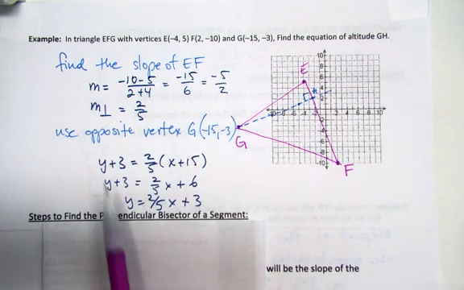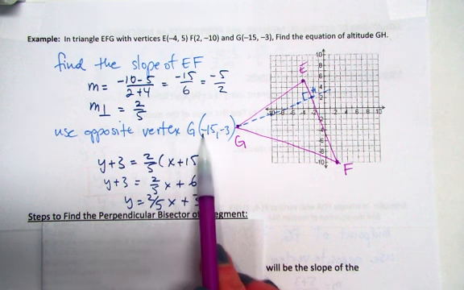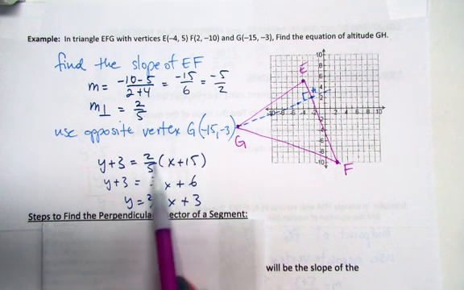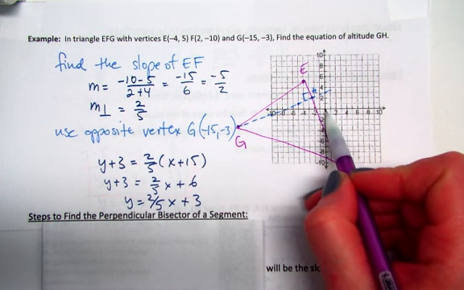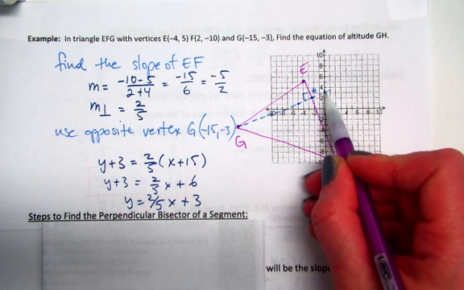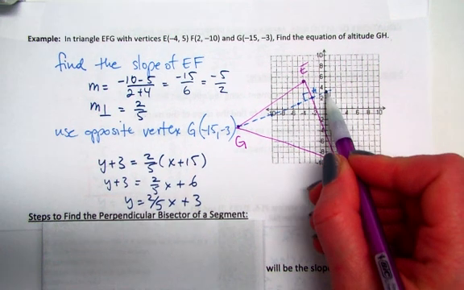Make sure you take your time to distribute, subtract 3, and the equation is y equals 2 over 5x plus 3. So if I was to actually graph it, 3 is right here, go up by 2, over by 5, but then if I go down by 2 and left by 5, down by 2 and left by 5, this would be the equation of the altitude.